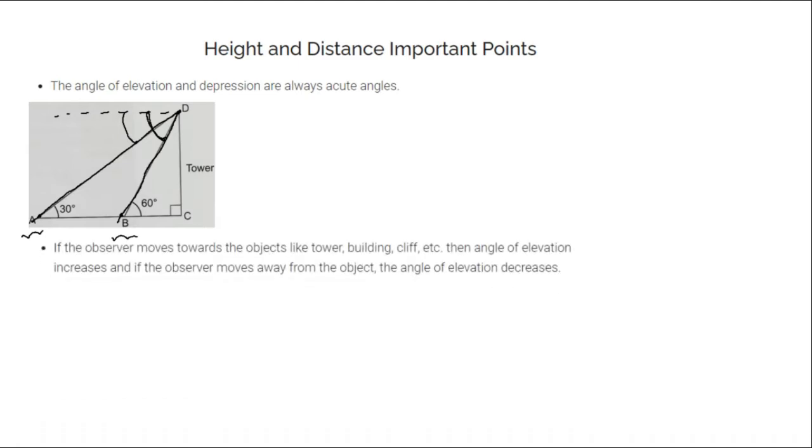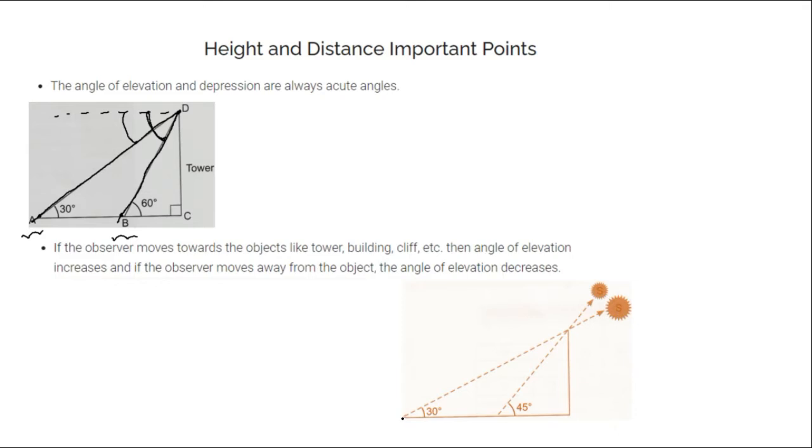If the observer moves towards the objects like tower, building, cliff, etc., the angle of elevation increases, and if the observer moves away from the object, the angle of elevation decreases. Let me explain this through this figure. Here, the sun is represented using this figure.